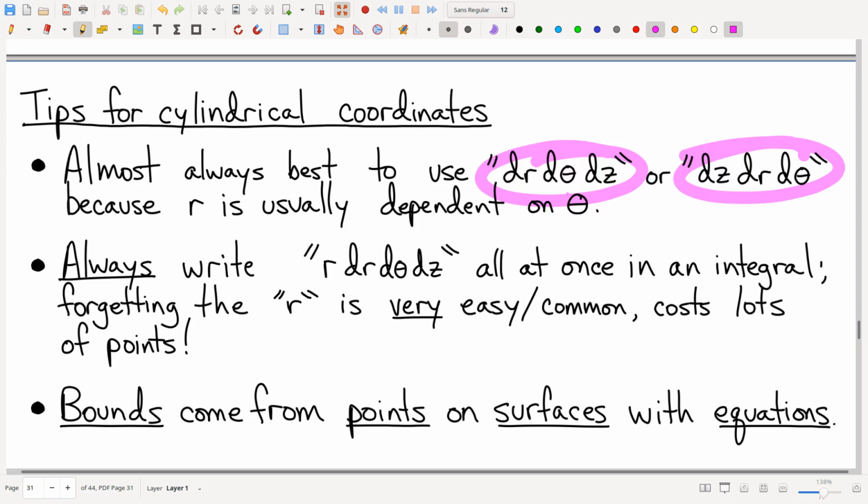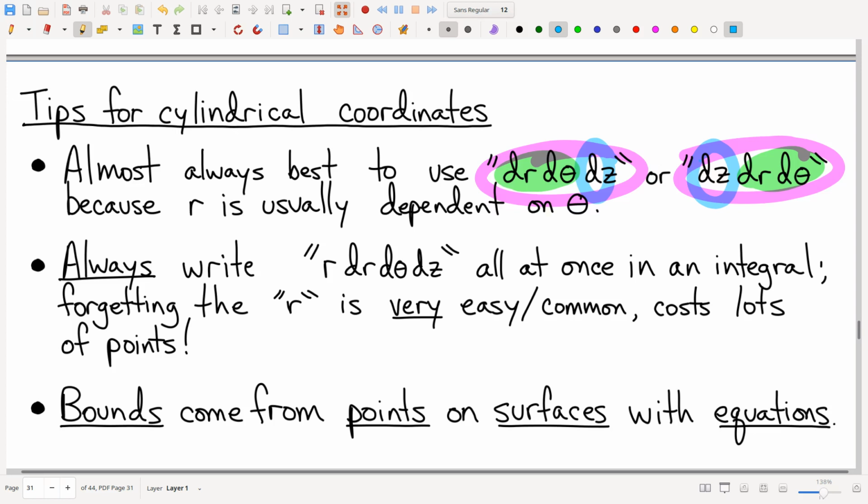So I encourage you to think only about these 2 options. Notice that this is basically the dr d theta that we've already discussed in polar coordinates as always being the right choice. So always dr d theta together and in that order. And then the question is, do you put the dz on the outside or on the inside? Depending on the circumstance, maybe one might be more convenient than the other.